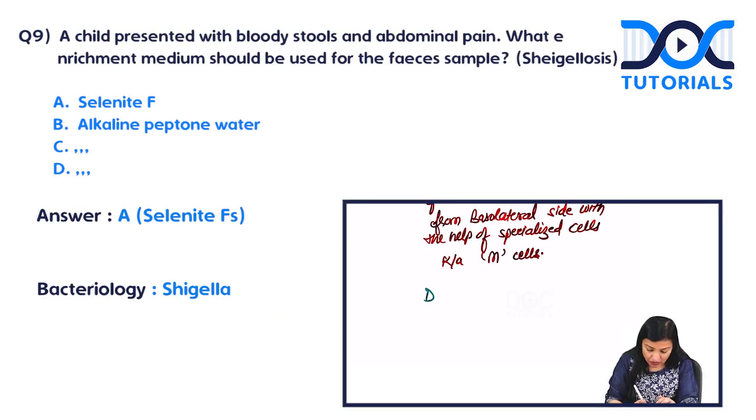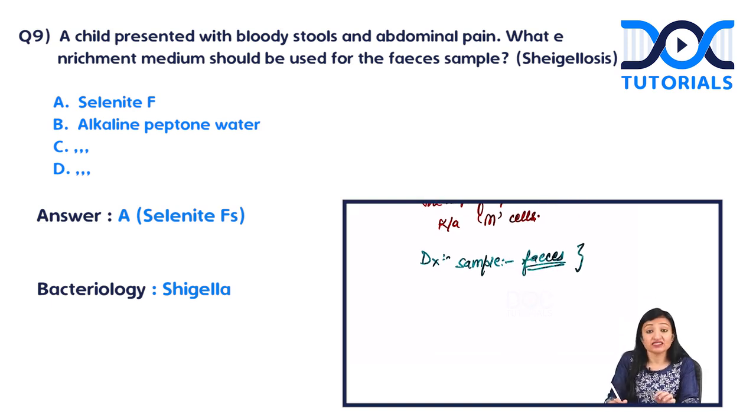Now, if we talk about diagnosis of bacillary dysentery, the sample of course which we are going to collect is the feces, and as I discussed in detail how a fecal sample should be processed while discussing the lab diagnosis of enteric fever, the same principle is going to apply over here also. That is, we have to remove the traffic of commensal organisms in the feces.